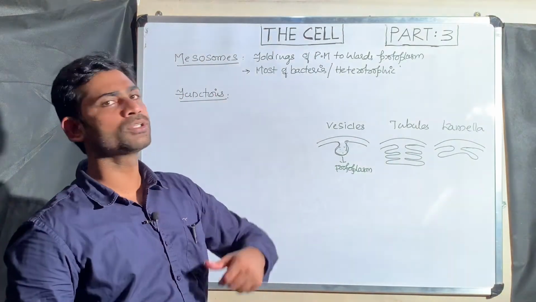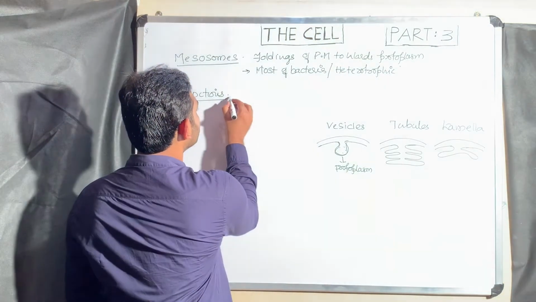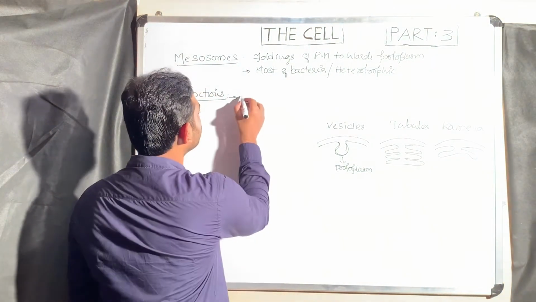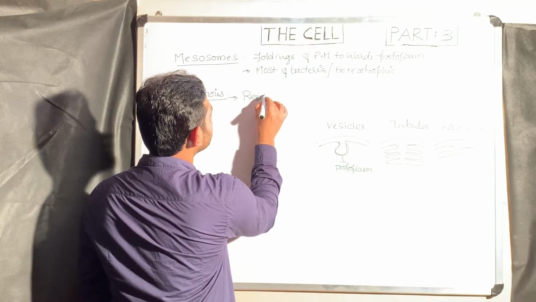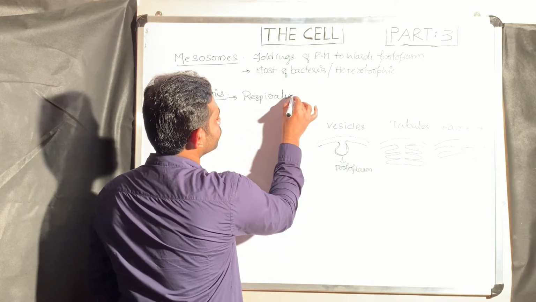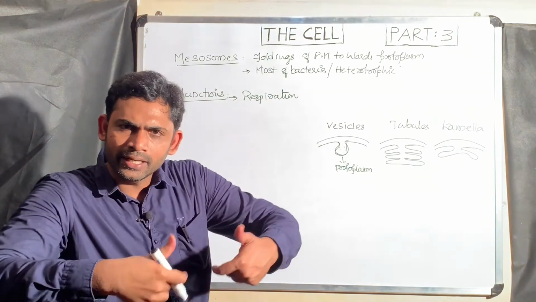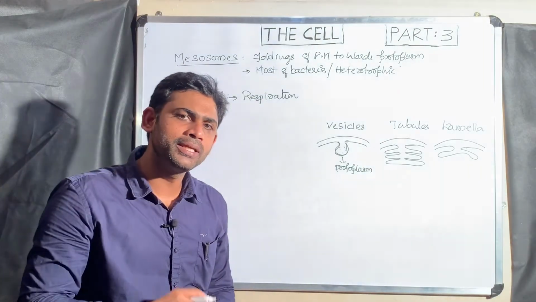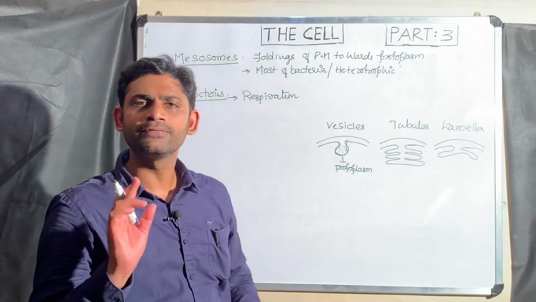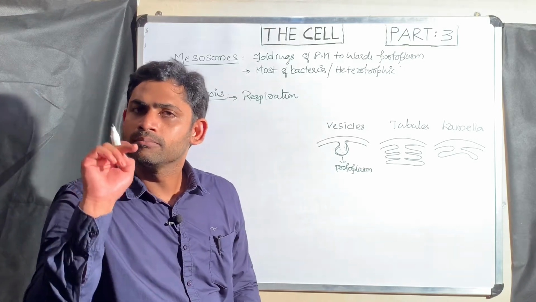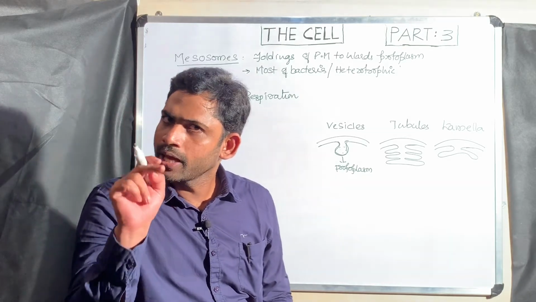Definitely that function belongs to mesosome. So these mesosomes are a site of respiration, definitely aerobic respiration. Through respiration only, they generate the energy. Indirectly, what I mean is mesosomes are the functional equivalents of mitochondria in prokaryotes.